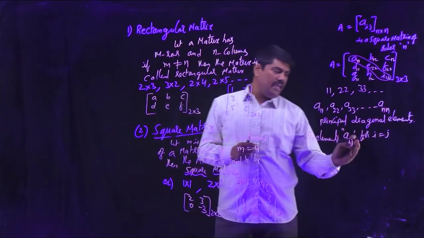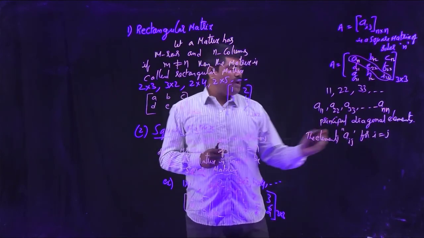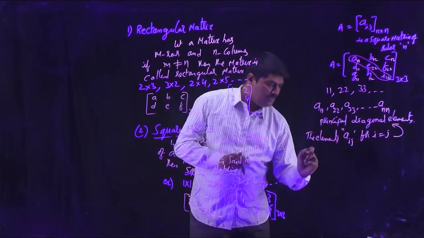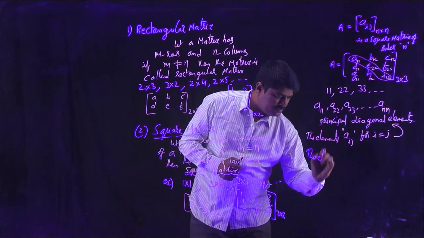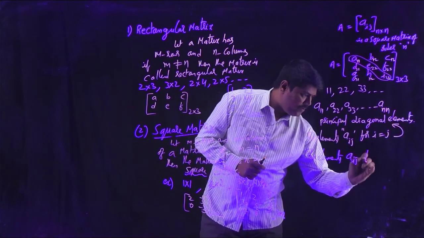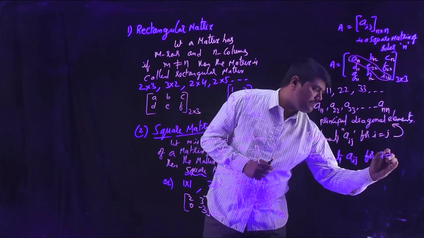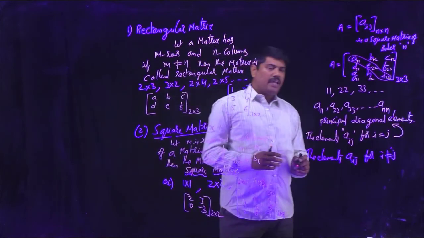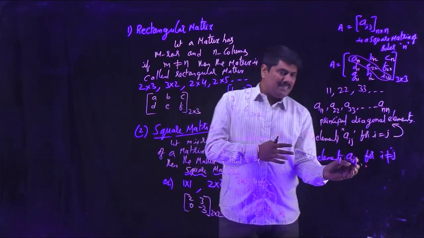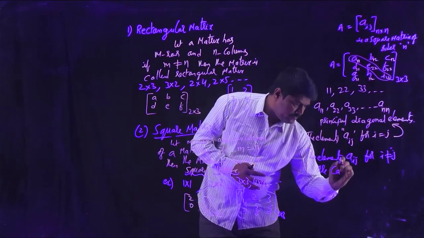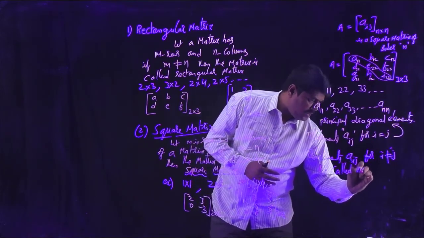The elements Aij for i equal to j are called principal diagonal elements, whereas the elements Aij for i not equal to j are said to be non-diagonal elements, called non-diagonal elements.